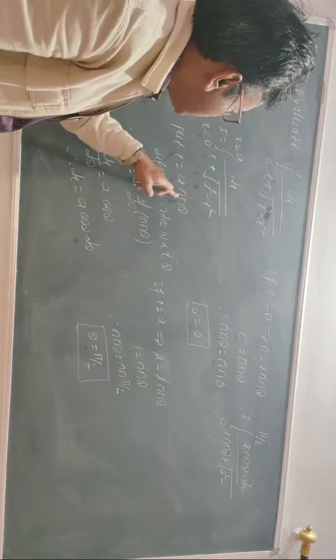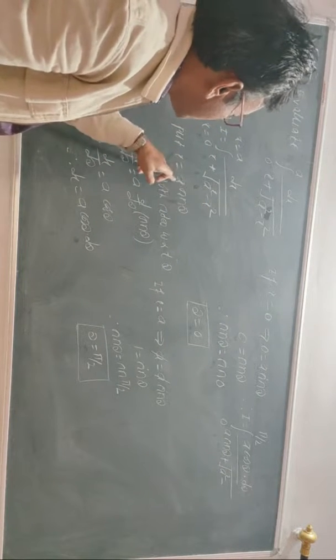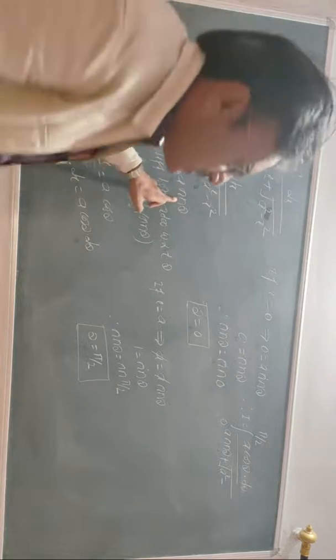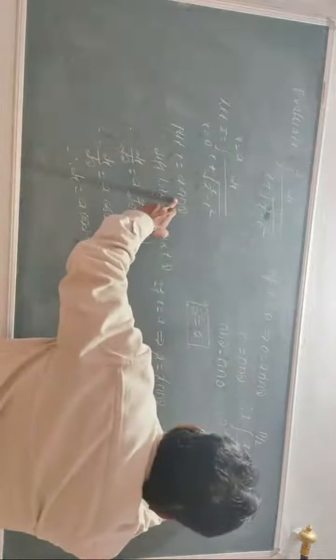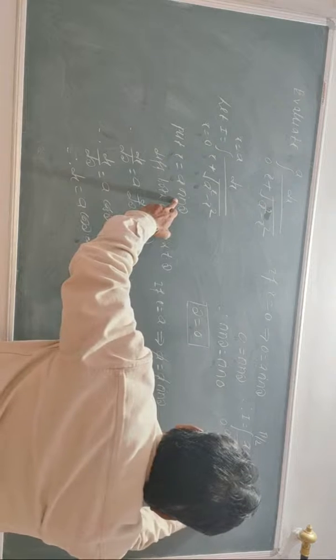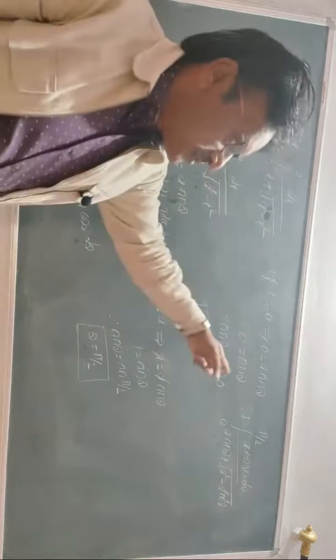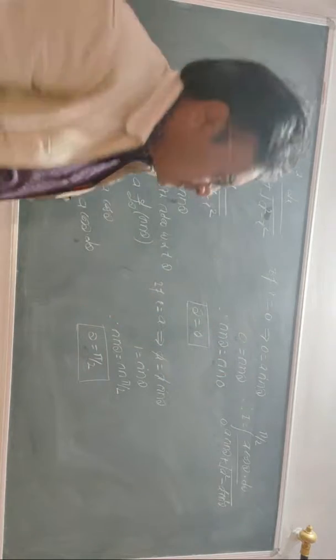Since x equals a sine theta, x square equals a square sine square theta, so we write a square sine square theta. After substitution we get this problem.